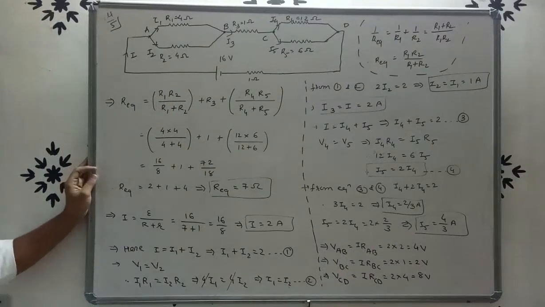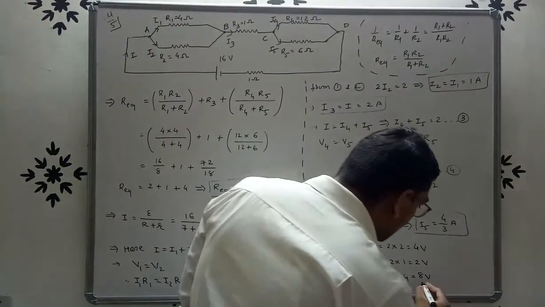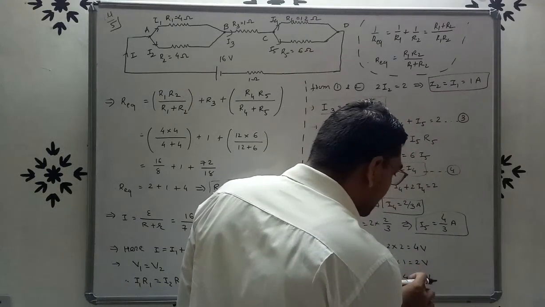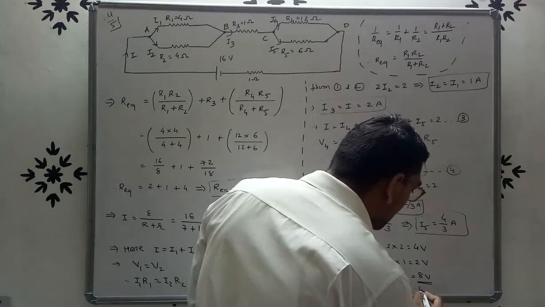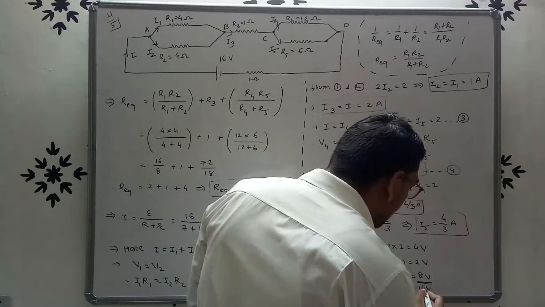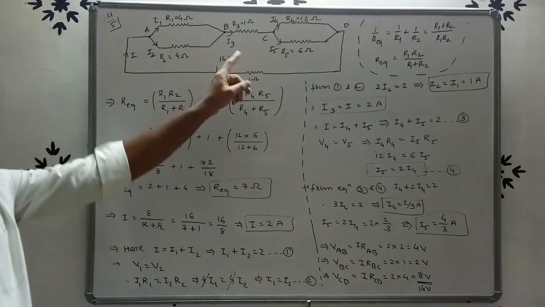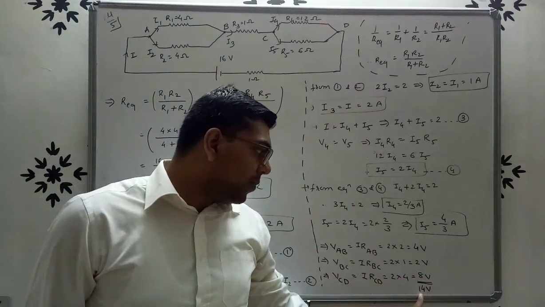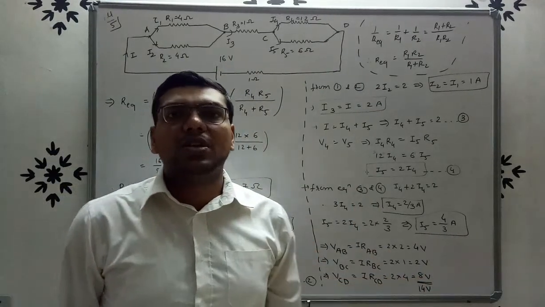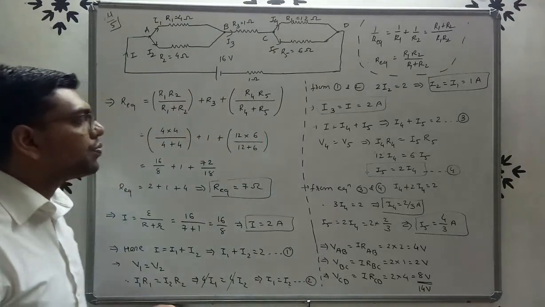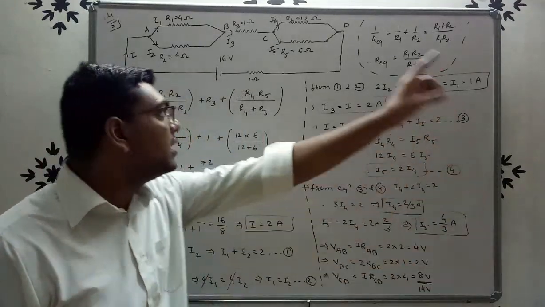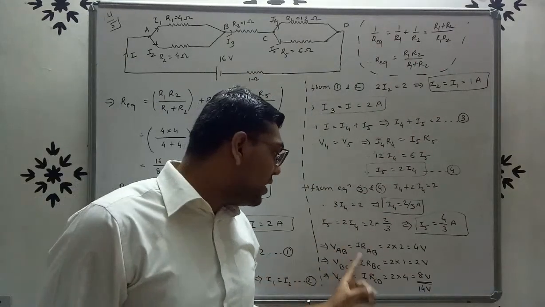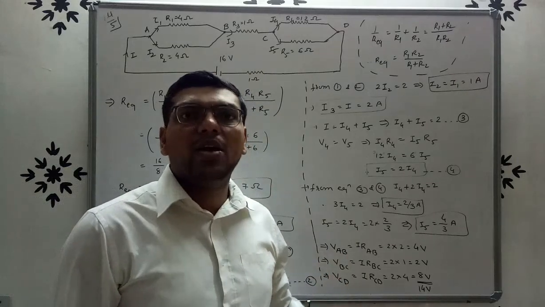So here, if we calculate the total voltage drop, this will be 4 plus 2, that is 6, and 6 plus 8, that is 14 volt. Right? So here see friends, the EMF will be 16 volt, and the voltage drop will be 14 volt. So here what about the remaining 2 volt? Because in the input the total voltage is 16 volt, right? And the total voltage drop will be 14.